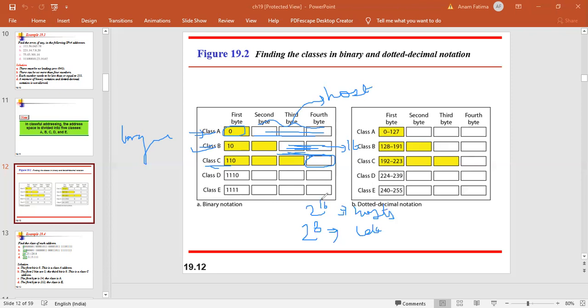Then comes class C, which is for relatively very small organizations that just need 2 to the power 8 hosts within the network, right? Attached hosts and routers, whatever it is, then they go for class C addressing.